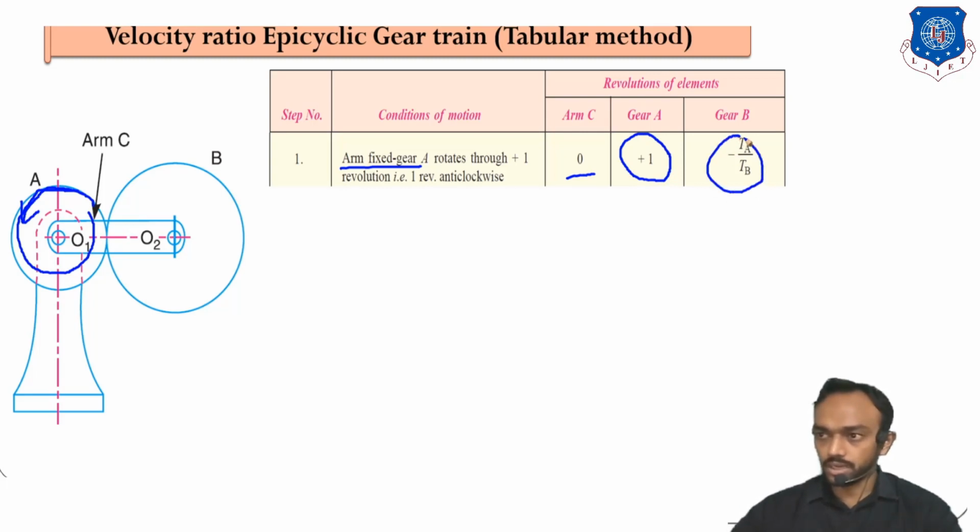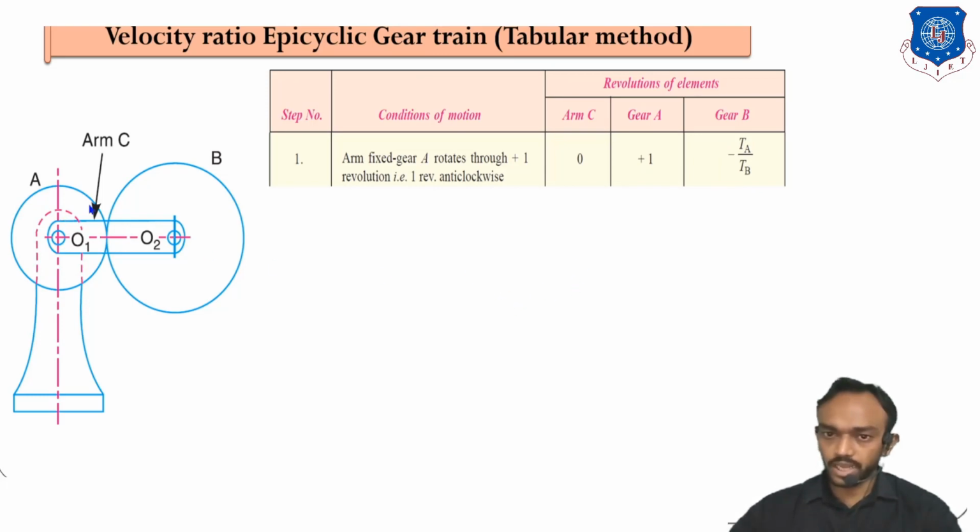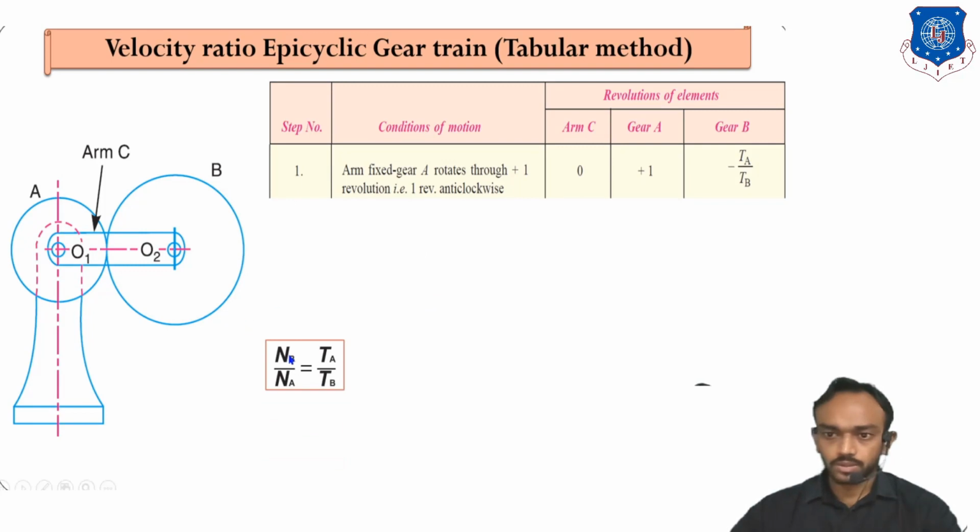So how did this come here? Let's check it step by step. First of all, you know that A and B are connected in a simple gear way. So you can write NA upon NB is equal to TB upon TA. You want the RPM of gear B, so make NB the subject: NB is equal to NA times TA upon TB.